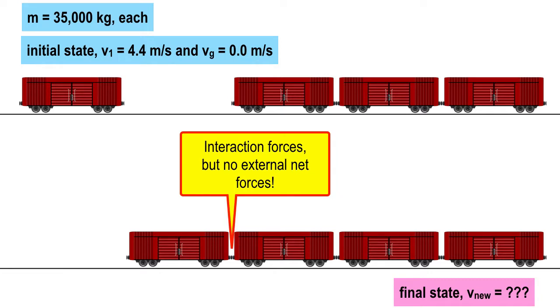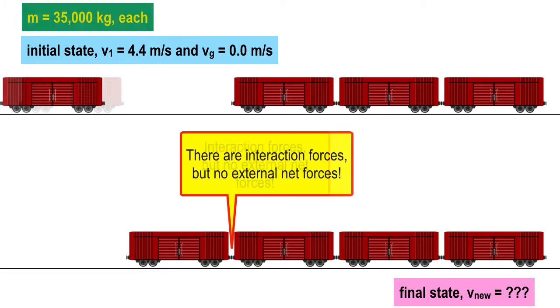When they bump, they're going to interact and click together and move off to the right, because the net momentum is still rightward. There's no leftward momentum in this system. It's going to be a little bit slower, and we're going to actually calculate how much slower that is.